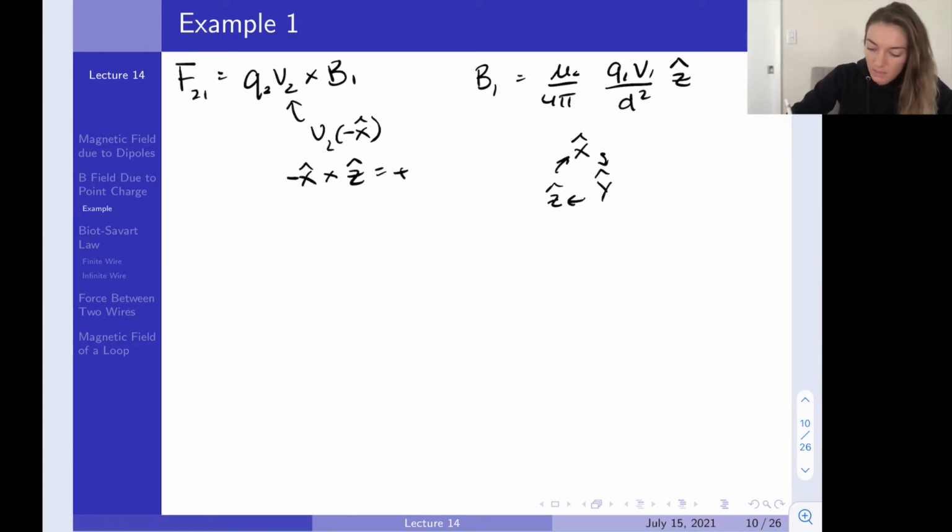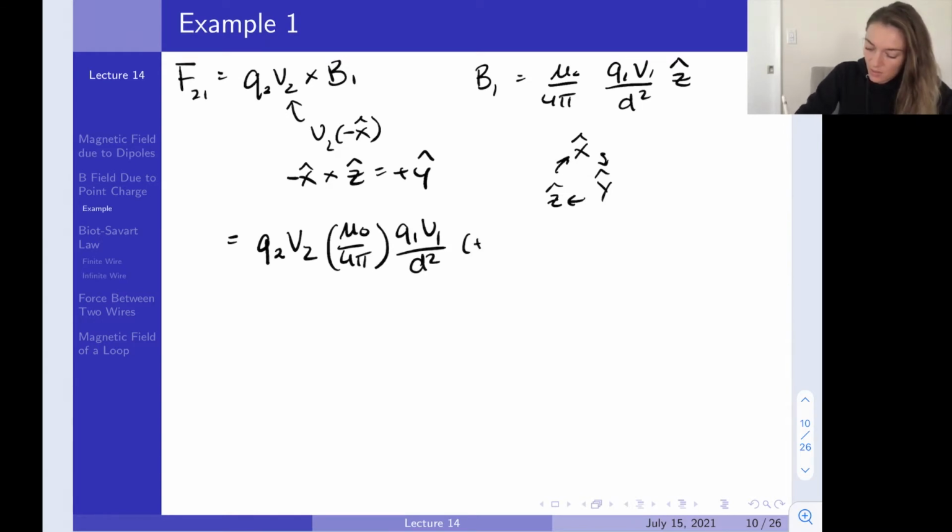So this is positive y hat. Now we can just multiply all these things together, since we know the direction and they're perpendicular, so we don't have to worry about that sign. So we have Q2 V2, times the magnetic field B1, so mu naught over 4 pi Q1 V1 over d squared, and this was all in the positive y hat direction.